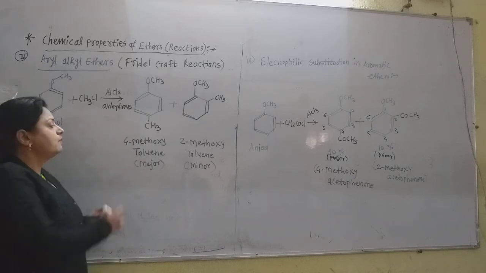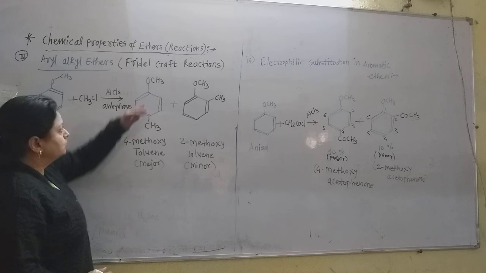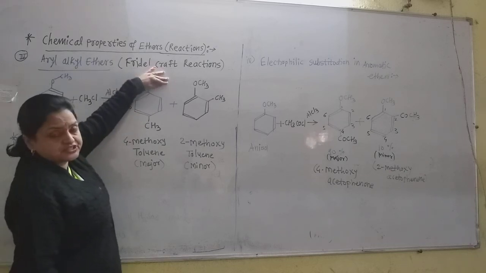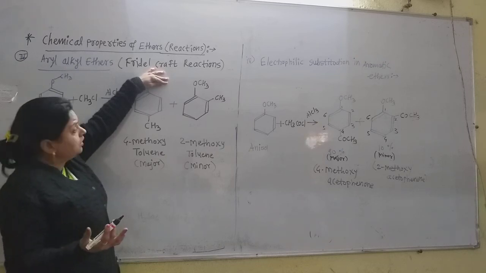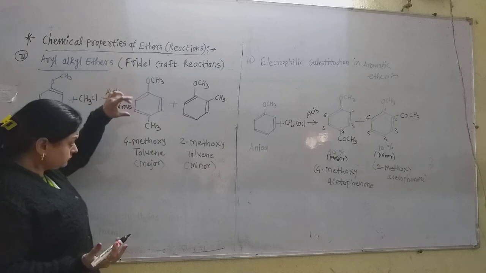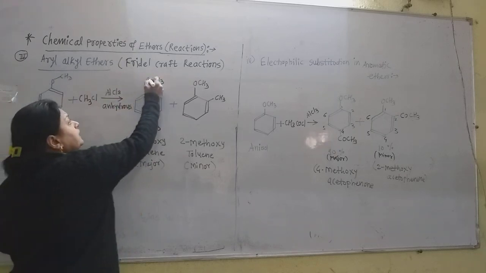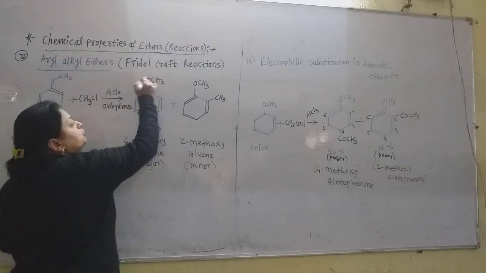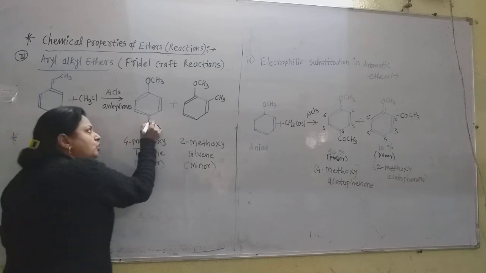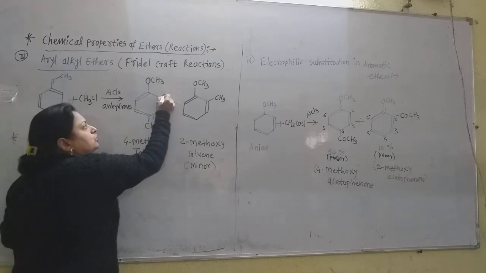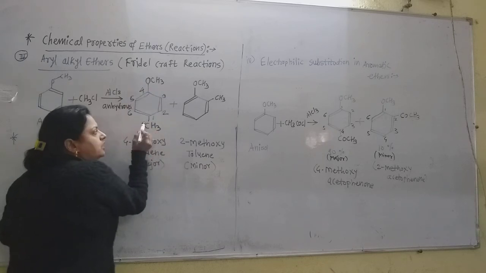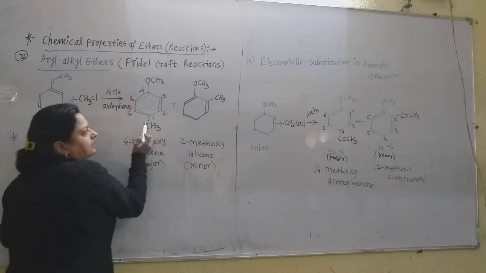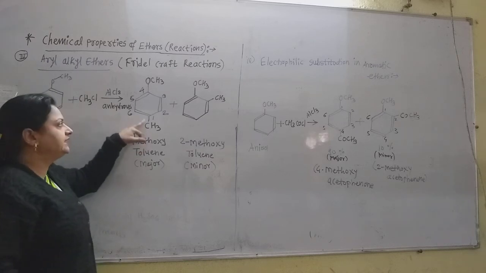The first one is 4-methoxytoluene. Now this is toluene: if CH3 is attached to the benzene ring, it is called toluene, that is methyl benzene. At the 4th position of the toluene there is this methoxy group. Numbering is from this side, 1, 2, 3, 4, 5, 6, because it is toluene. The number 1 carbon is where the methyl group is attached.